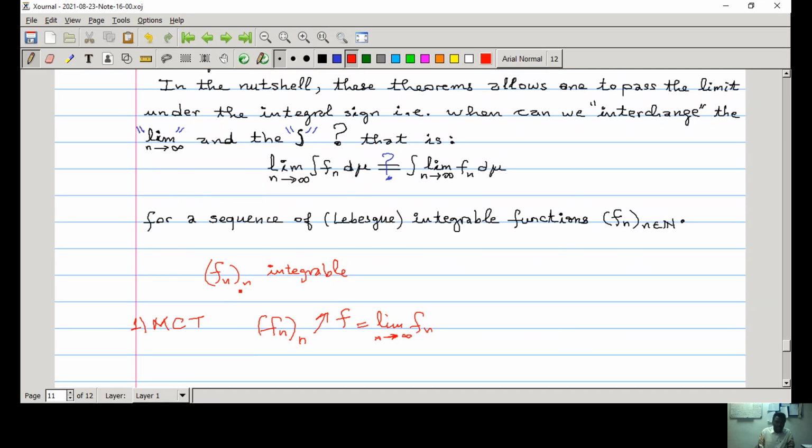Okay, now if this sequence converges to a function f increasingly, right? Monotone convergence. That's why we call it monotone convergence. It's not just a simple convergence, but it's a monotone convergence. So it increases and converges to f. The first result is that f, the limit, is also integrable.